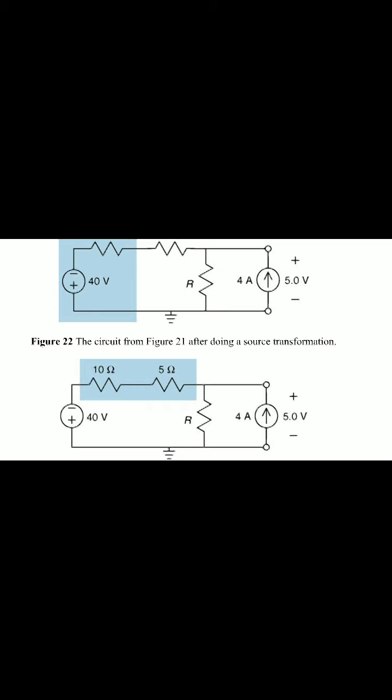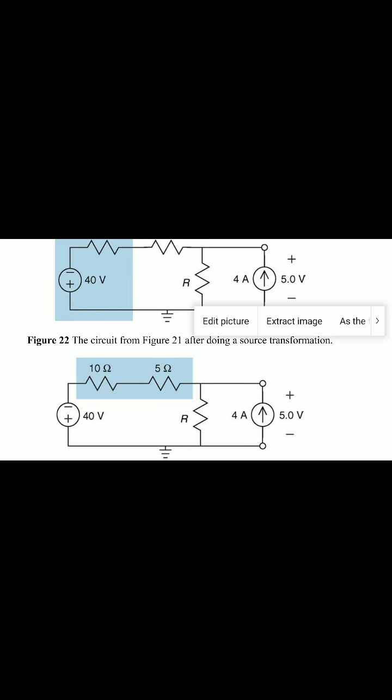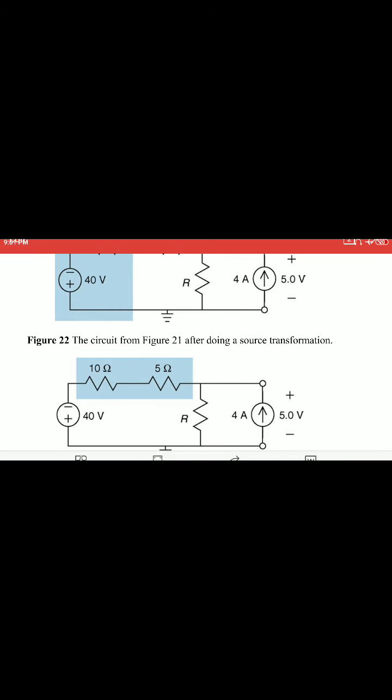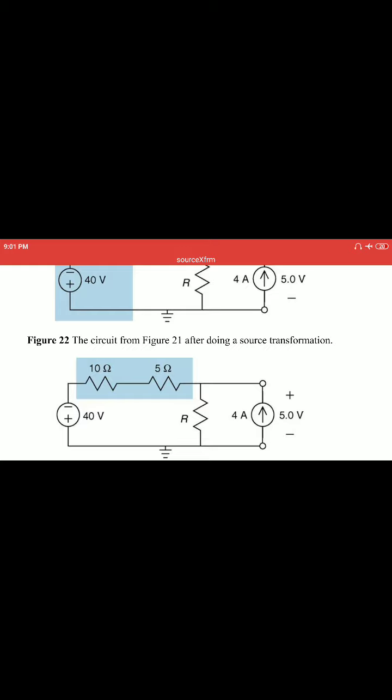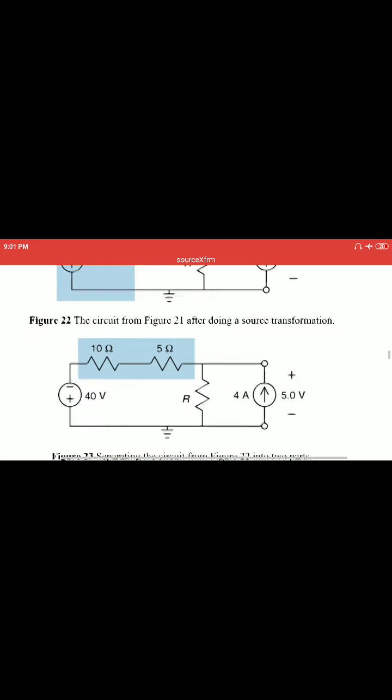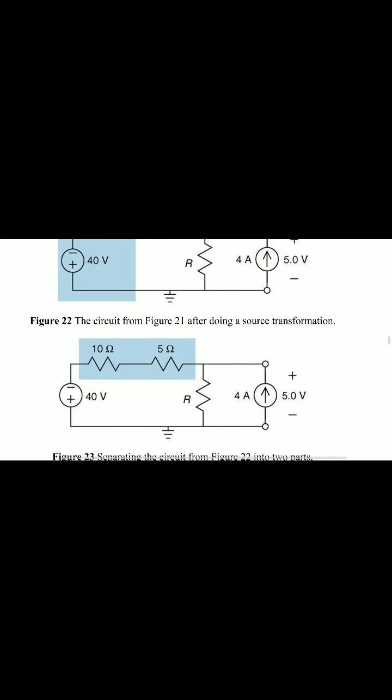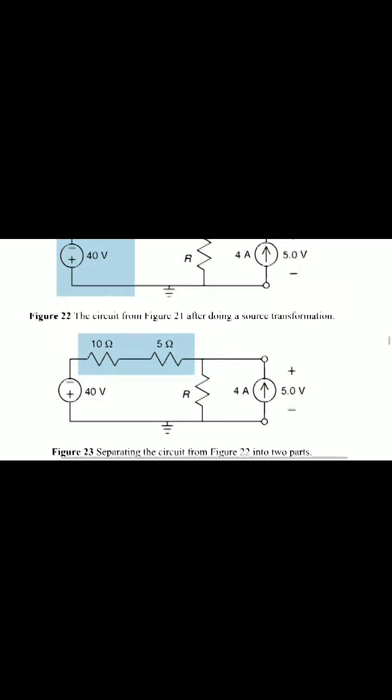So 10 ohms and 5 ohms give 15 ohms, which is in series with the voltage source of 40 volts.